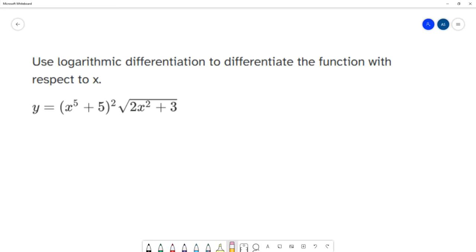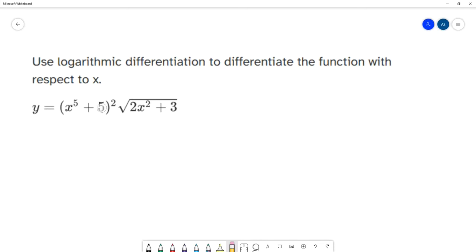If we were to do this without logarithmic differentiation, we would have a very detailed process to go through. We've got a product of x to the 5th plus 5 squared, and this square root, meaning that we would have to use the product rule to calculate the derivative. Then within each of these factors, and notice what's inside the parenthesis is not just x, it's x to the 5th plus 5.